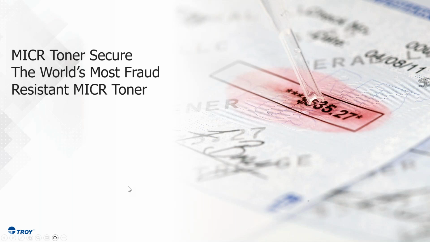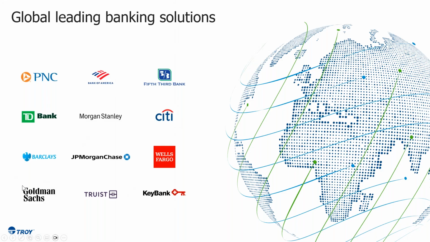So if you don't believe it, believe me, maybe you can believe some of the partners that we have deep relationships with, and I'm sure you're well aware of a few of these names, like J.P. Morgan, Bank of America, Citibank, Barclays, just to name a few. But Troy is a recognized leader in this space and check printing technology.